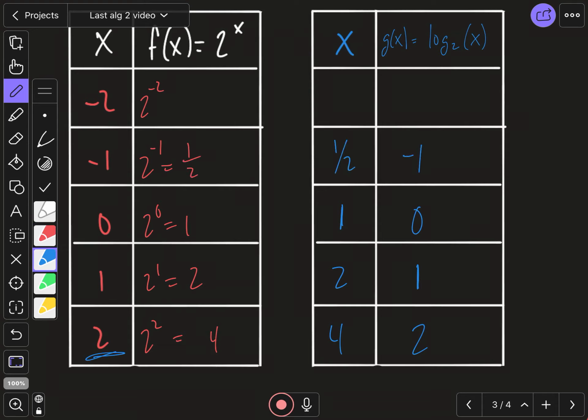My y value is -1. And 2 to the -2 is 1 over 2 squared, which is 1 over 4. So that's my new x value, and my y value must be -2.